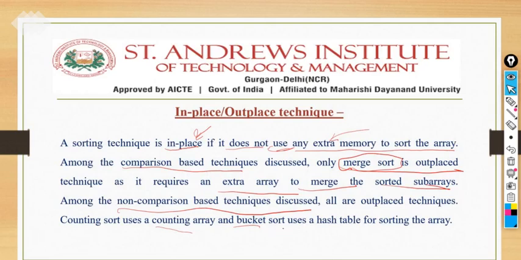These particular sorting techniques use a hash table for sorting the array. So all the non-comparison based techniques are out of place techniques, not in place, because they all need extra memory, such as a hash table, to arrange or sort the elements.